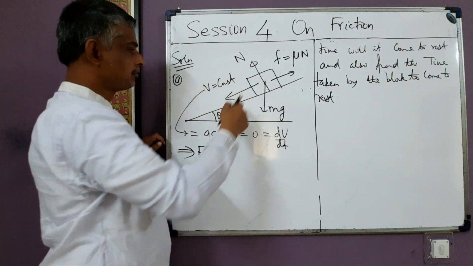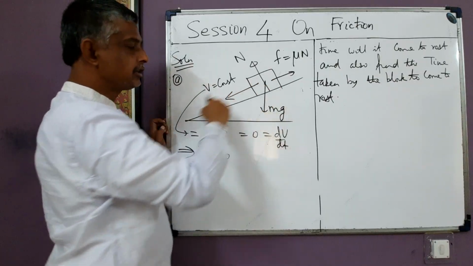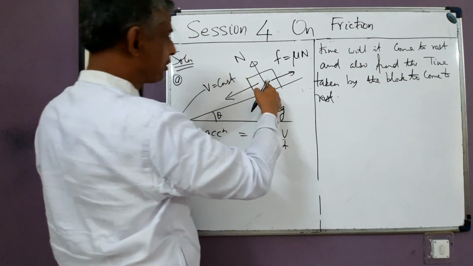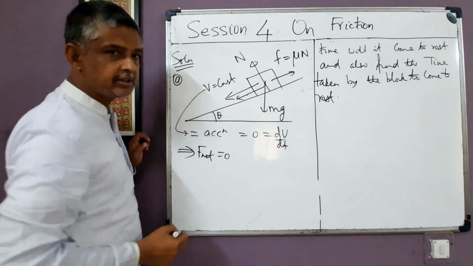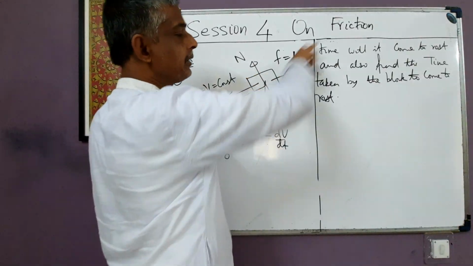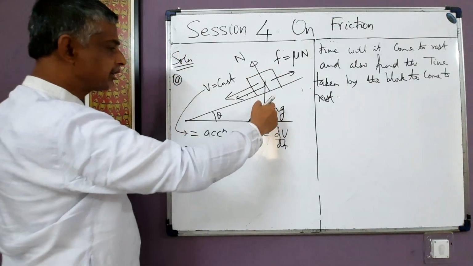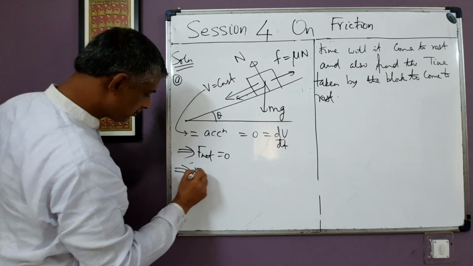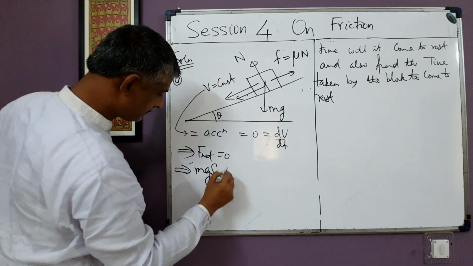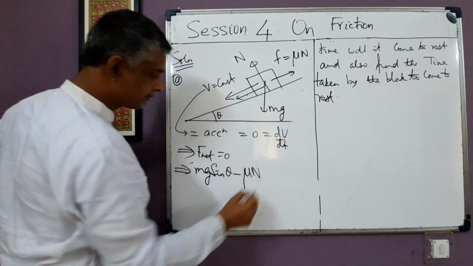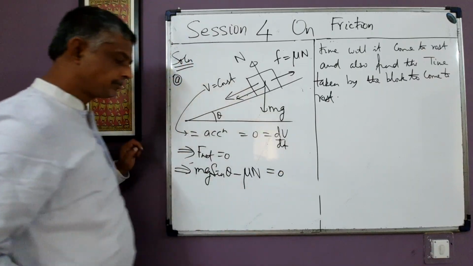The component of mg down the incline will be mg sin theta. The kinetic friction is mu N up the incline. So the net force down the incline is mg sin theta minus mu N is equal to 0.